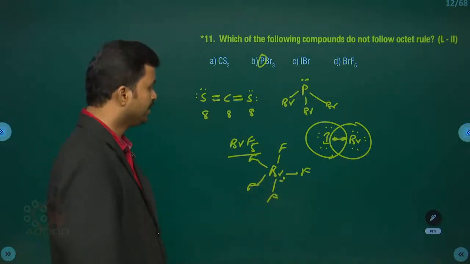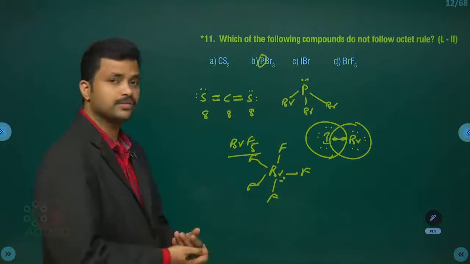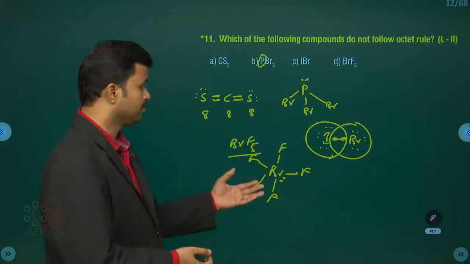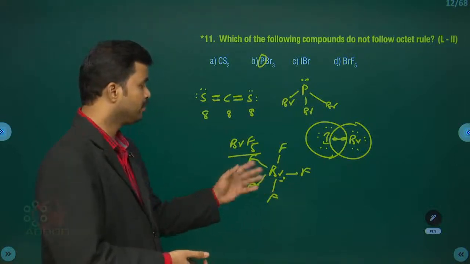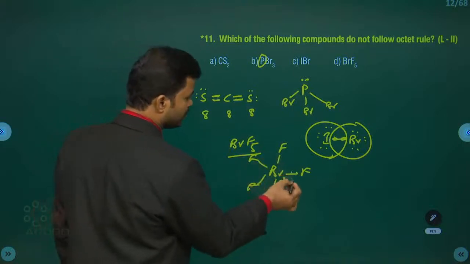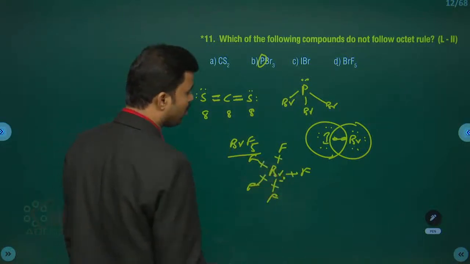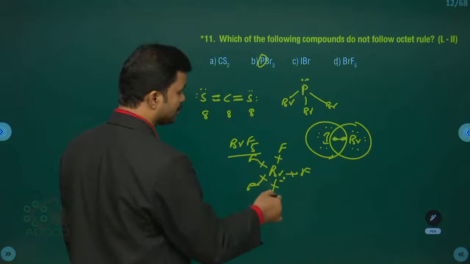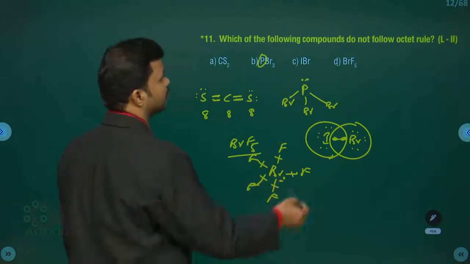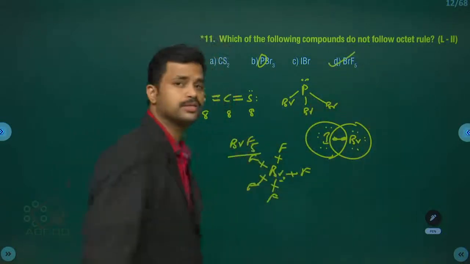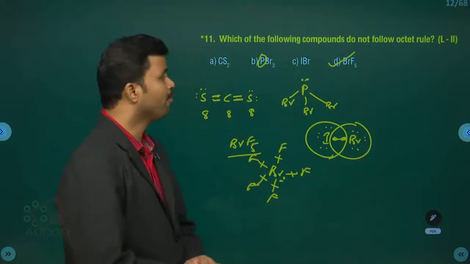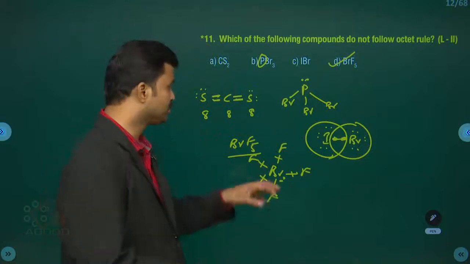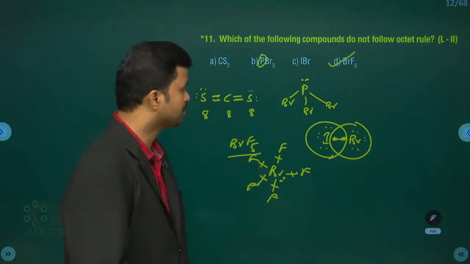Then it is beyond the octet. You can count the electrons on the bromine: that is 10, 11, 12. 12 electrons are there, beyond the octet. Bromine pentafluoride has 12 electrons on the central atom.